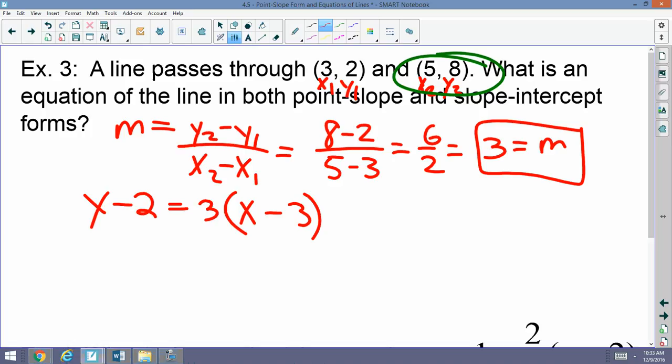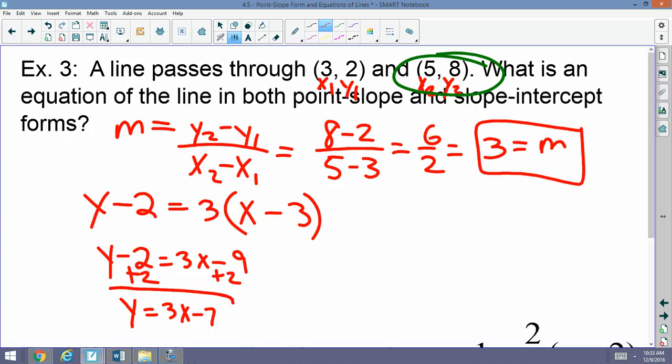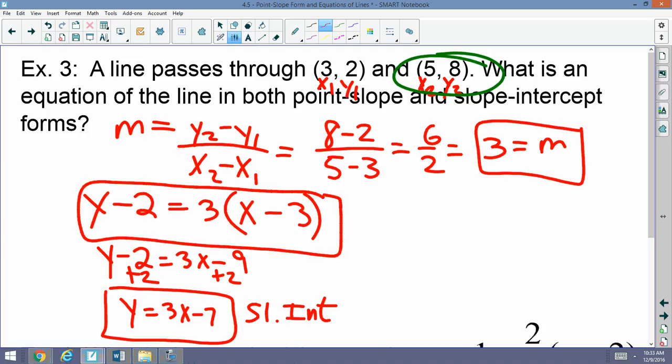Very good, gentlemen. So now I got y minus 2 equals 3x minus 9. So y equals, add the 2 to both sides, 3x minus 7. This is slope-intercept, and this is point slope.